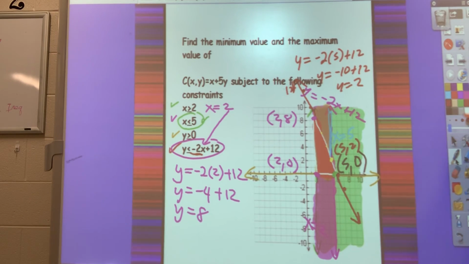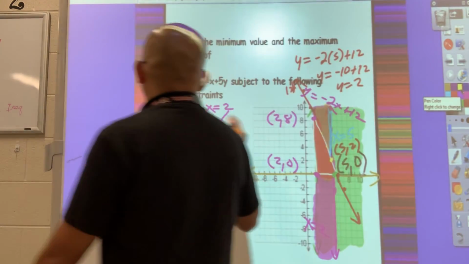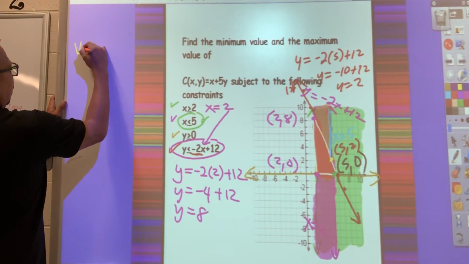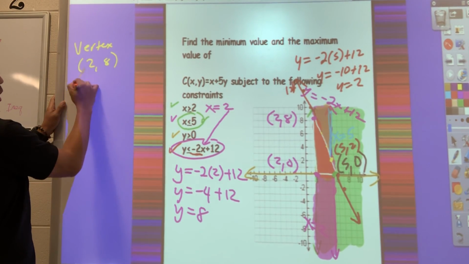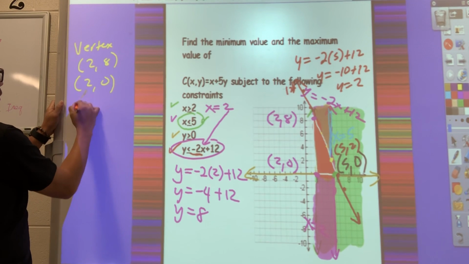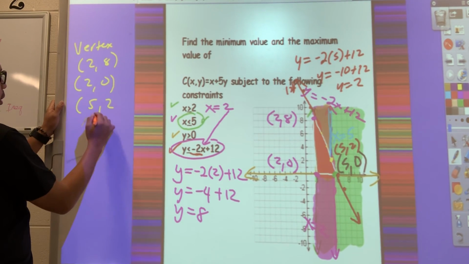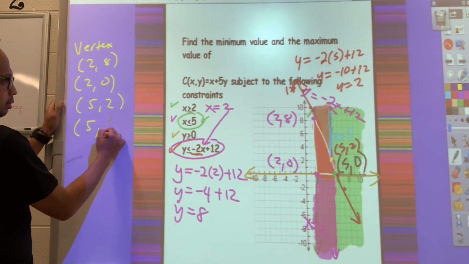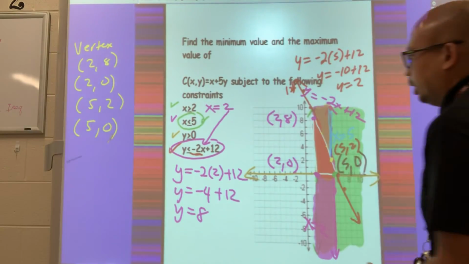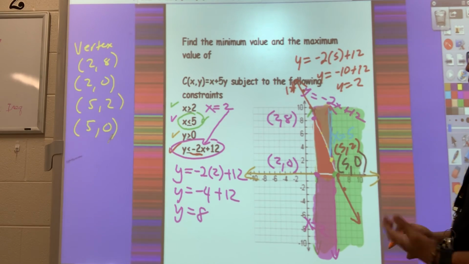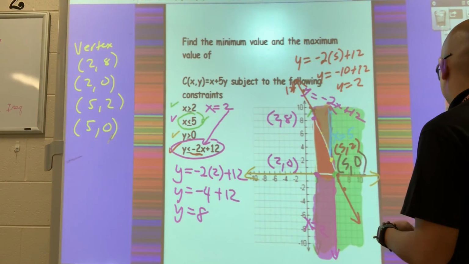So what are our vertices now? Our vertices came out to be (2, 8), (2, 0), (5, 2), and (5, 0). Now, the question is, how do we know the minimum and the maximum among these 4 vertices?